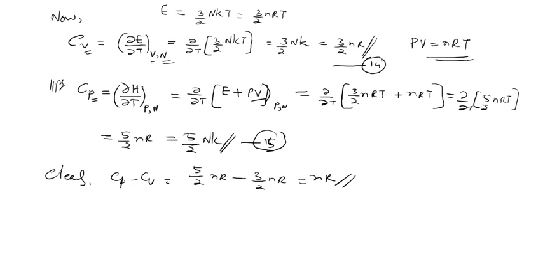For n equal to 1 mole, we call Cp and Cv the molar specific heat capacities. So you will be getting Cp minus Cv equal to R, using small c instead of capital C for molar specific capacities.